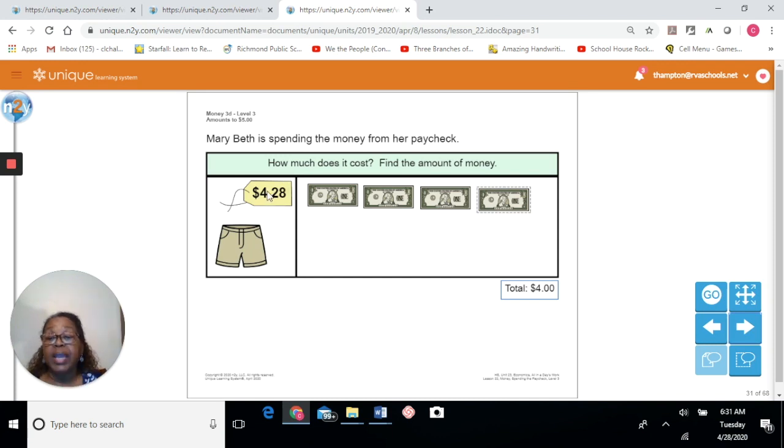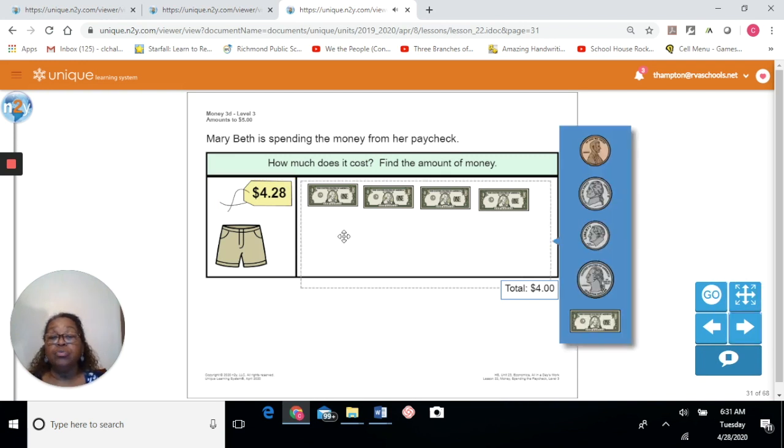Remember, on the right side of the dollar, all of the value is in change, coins, and it's less than $1. All right? So let's see how we can do that. We want to start with our largest coin, and our largest coin is what? 25 cents. Let's see if we can do it this time without the chart because we have a visual in our head about what we've been doing.